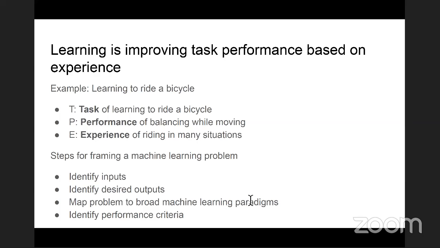Your desired output is that the balance of the bike should be near vertical. Then map the problem to some broad machine learning paradigm, whether it is supervised learning, semi-supervised learning, reinforcement learning, unsupervised learning, etc., and based on this mapping, you identify the performance criteria. I'll pause to take any questions now.